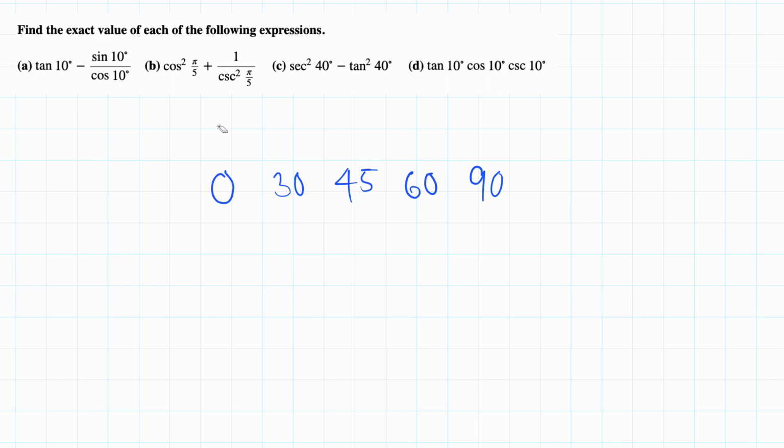When we don't have a standard angle, we are not going to use the value of, like, tangent 10 degrees from a unit circle. I mean, we can use a calculator, but that gives us a decimal value, which is not good, so we are not going to use that.